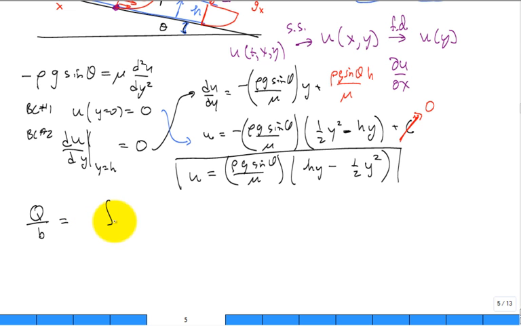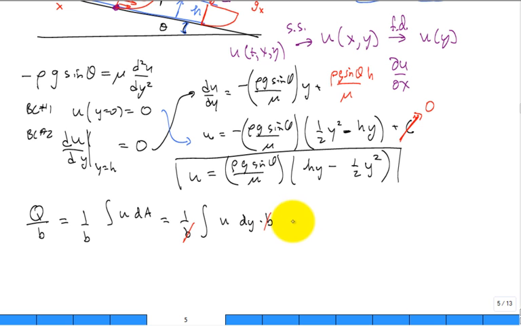The integral of u dA, times 1 over B. Let's do the integral. u is a function of y. You're going to integrate with respect to y, and then you have dy times the depth B, so the B's cancel.